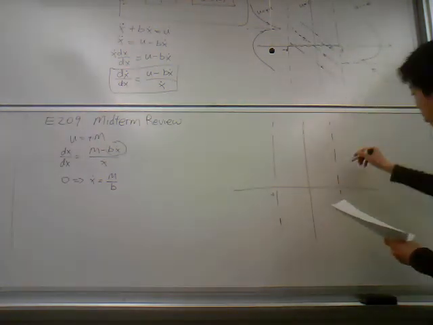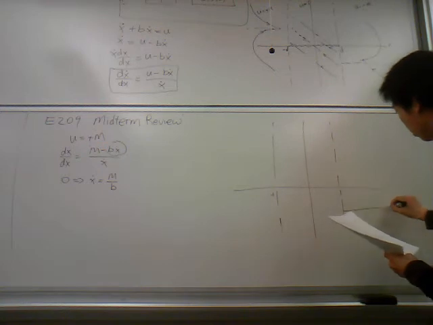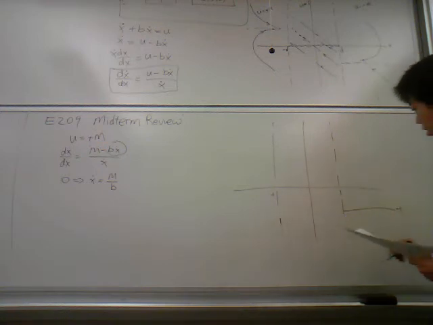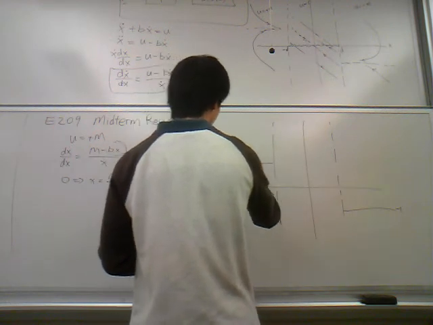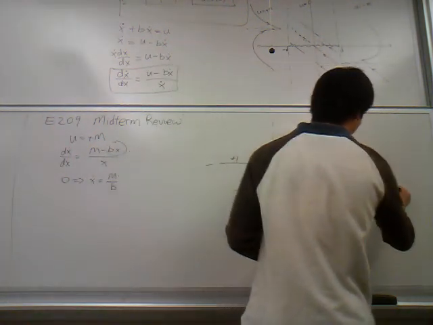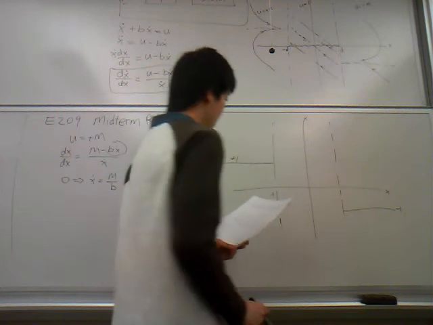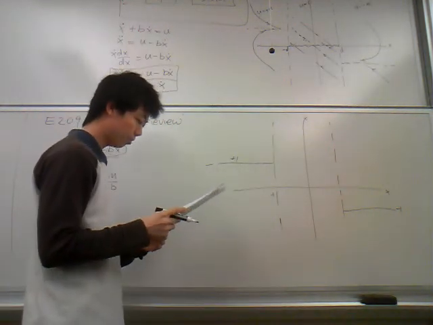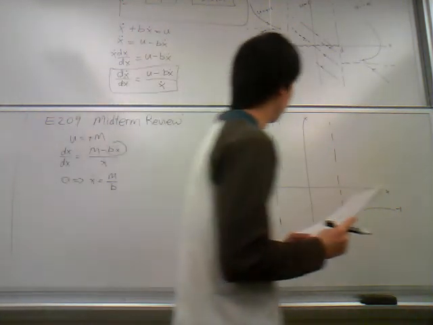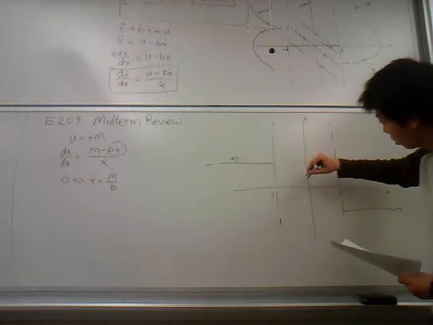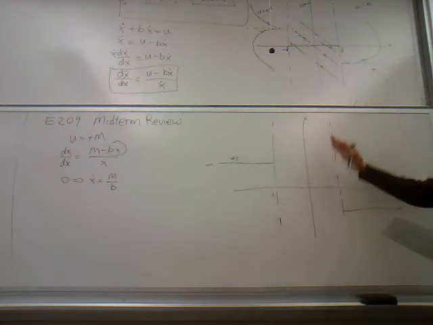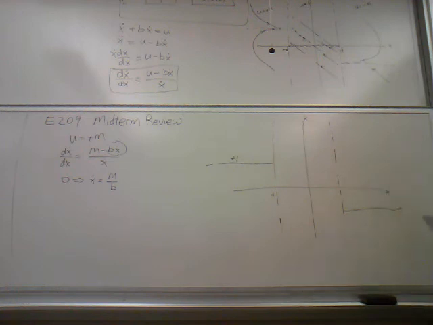Our m over b becomes negative 1. Over here, it becomes plus 1. And our slopes over here become a slope of negative 1.